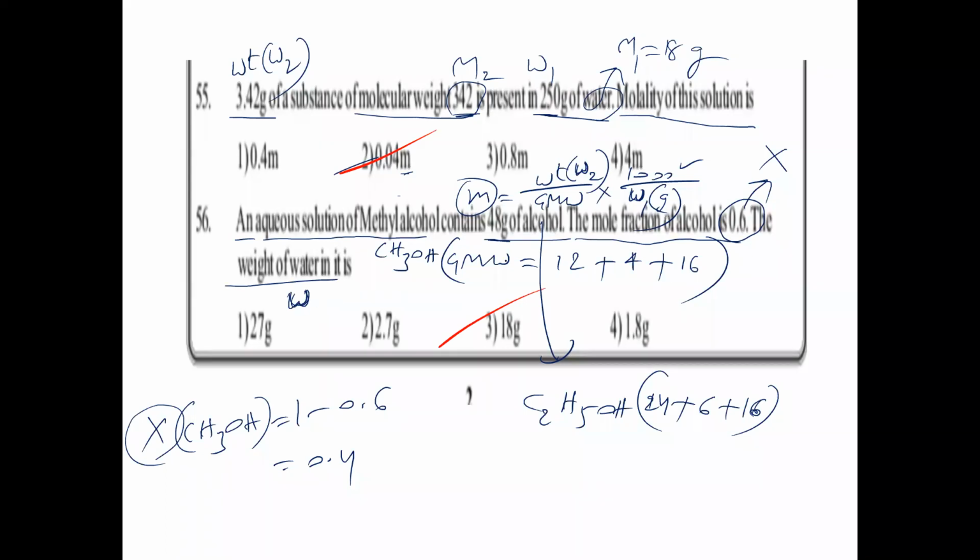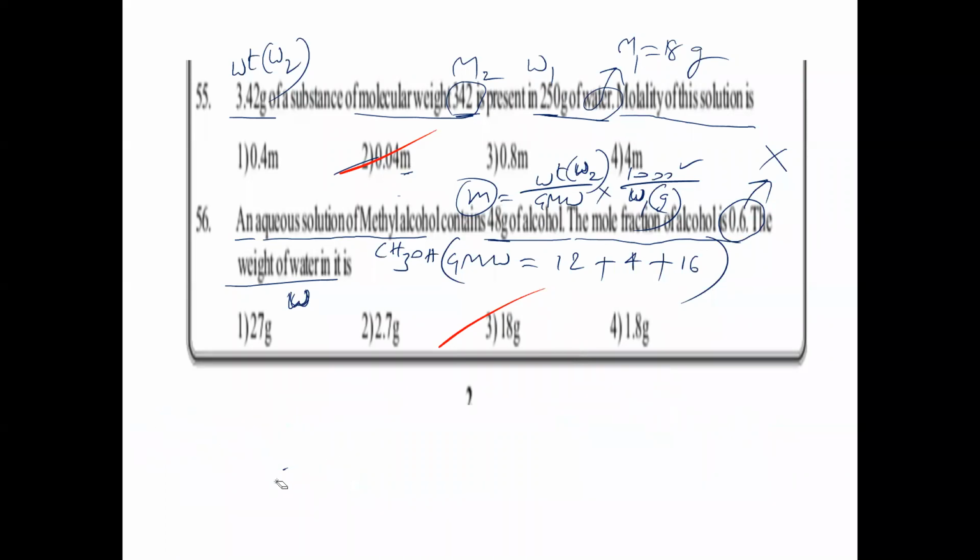The mole fraction of alcohol is given. Alcohol means methyl alcohol, CH3OH only. We have already taken that. CH3OH gram molecular weight is this one, and the methyl alcohol mole fraction is 0.4. Just wait.